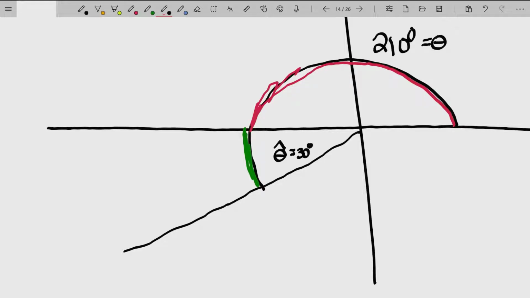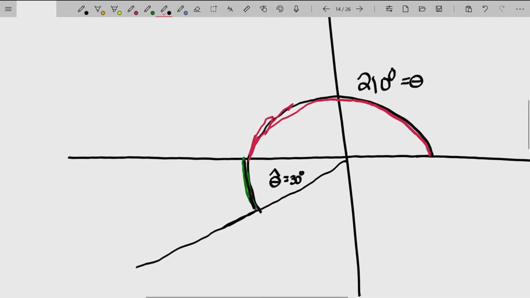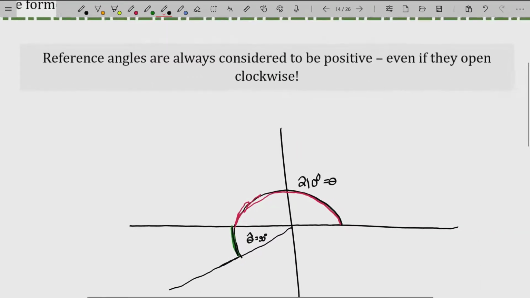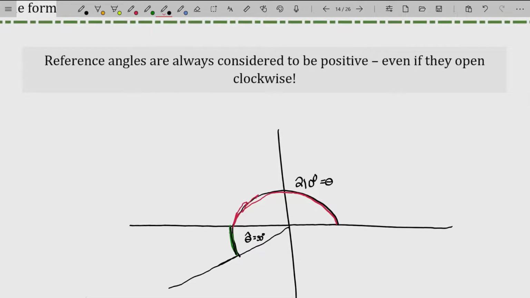Even though we're rotating technically upwards to go from this terminal side to the x-axis, since we're rotating clockwise, normally we would call that angle negative, but reference angles are never considered negative. They're always considered positive. It's just basically what's the fastest way to get to the x-axis, making sure that angle is stated as positive. And I make that note here. Reference angles are always considered to be positive, even if they open clockwise.